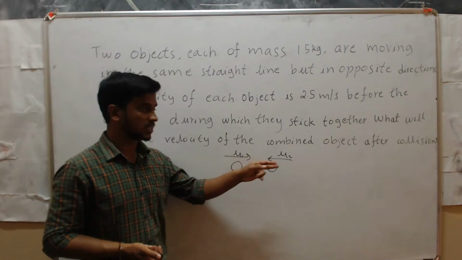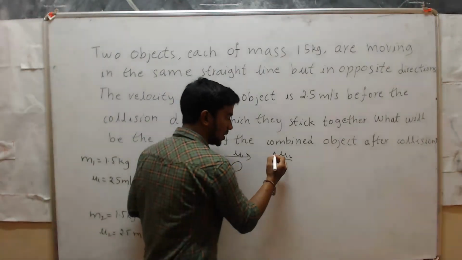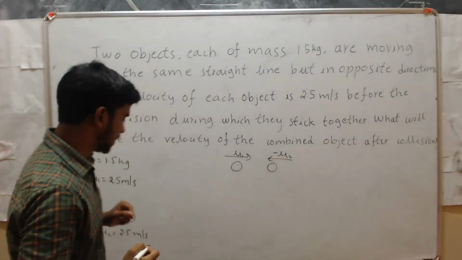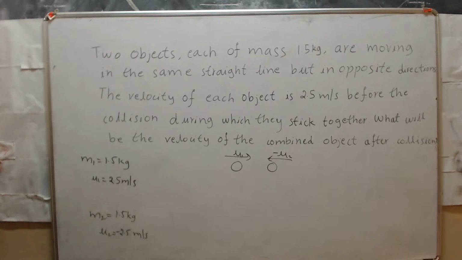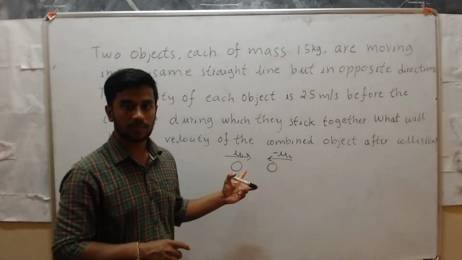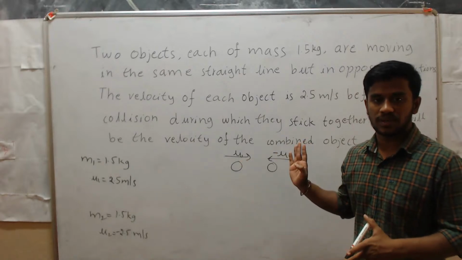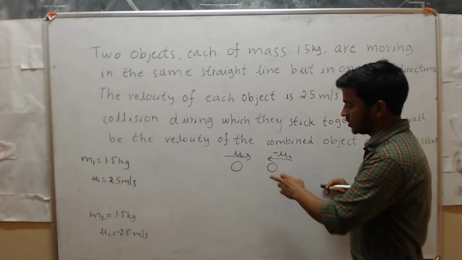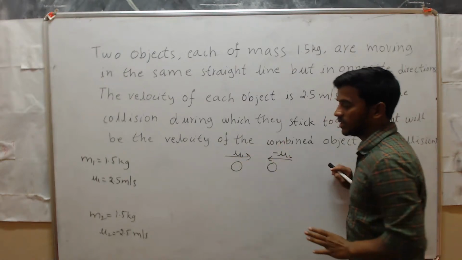This object in this direction, this object in this direction. So now this is opposite, right? So that's why we should take velocity as negative. That is U2 is equal to minus 2.5 meter per second. Why? Because this object is moving against this object. You can take negative for this object also, you will get the same answer. You can take U1 as negative, but you will get the same answer.